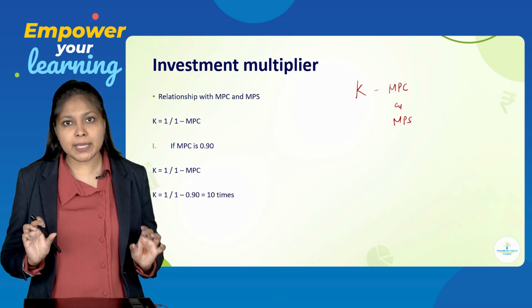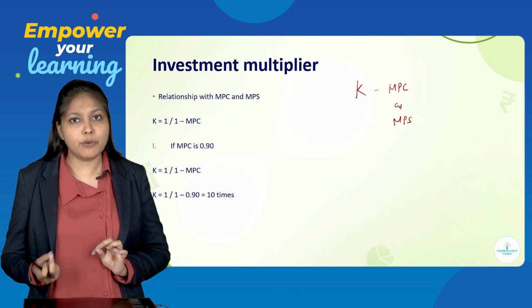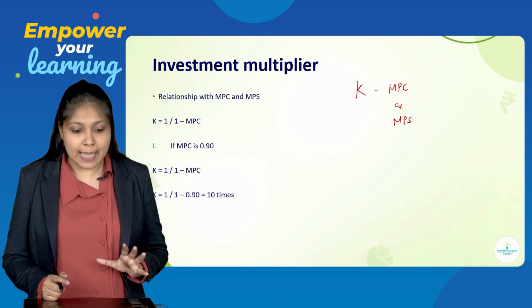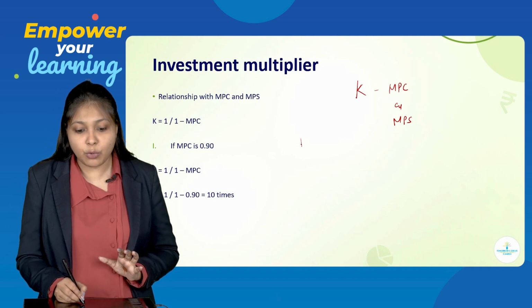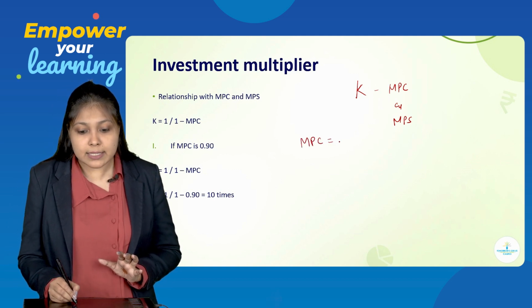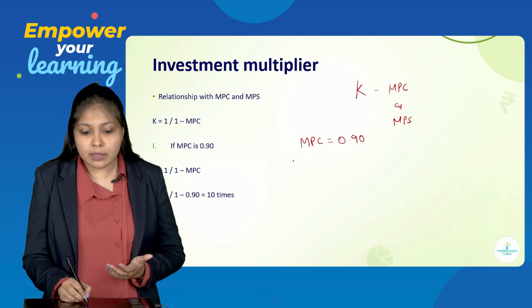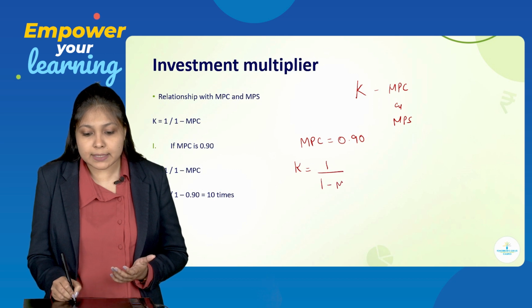Here I will consider some values of MPC, put them in the formula and find out the value of K. So, for example, in the first situation, I am assuming that the value of MPC is 0.90, and we know the formula K is equal to 1 upon 1 minus MPC.